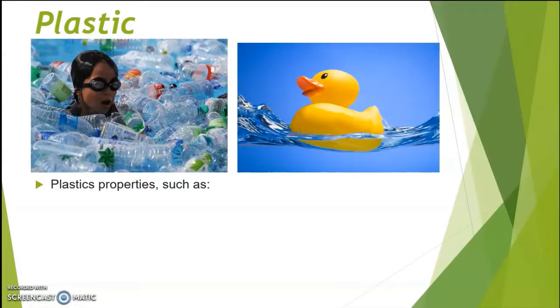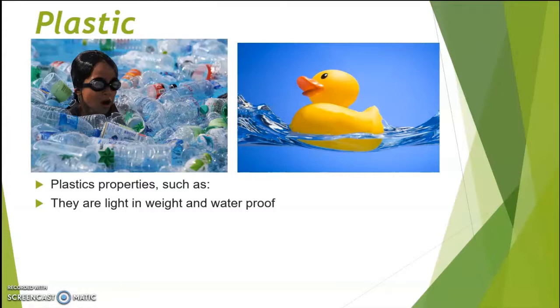Plastic properties such as they are light in weight and waterproof. As you can see, it floats on the water, not absorbent, not sinking in the water, but it floats. Okay, because this kind of material is lightweight.